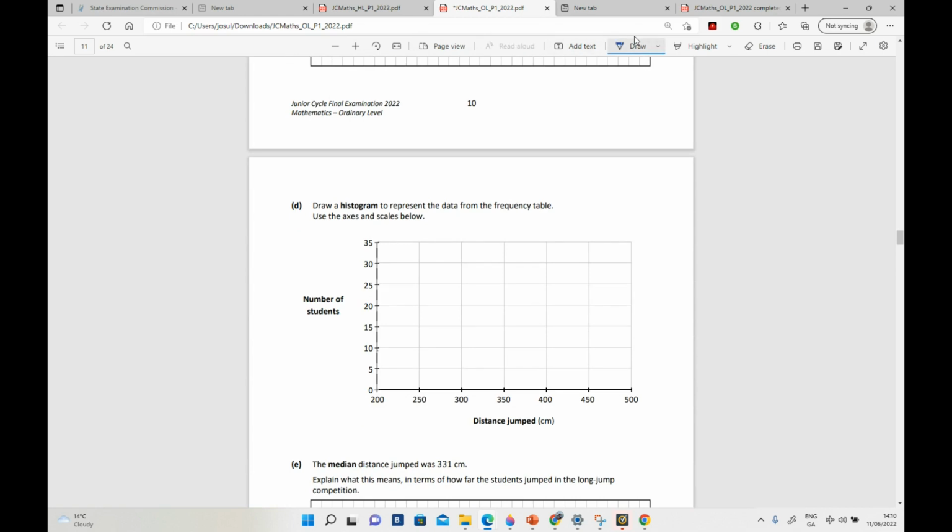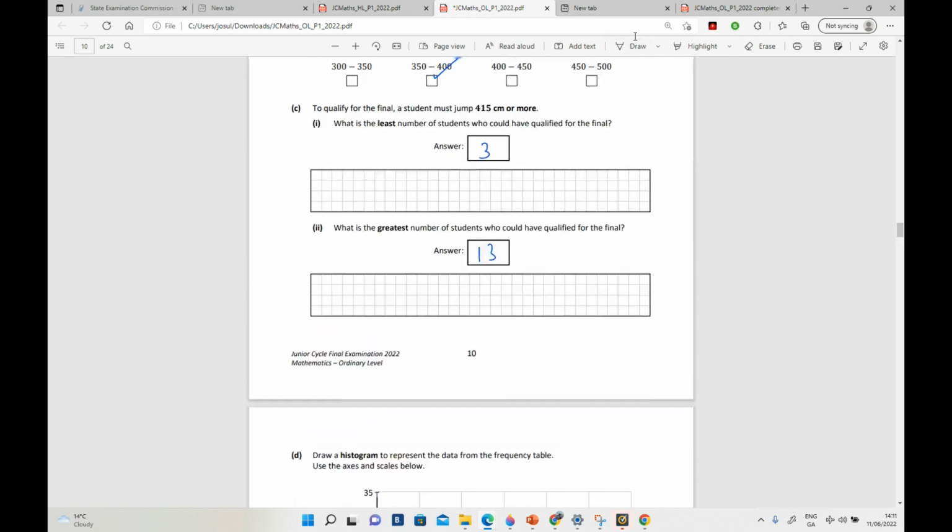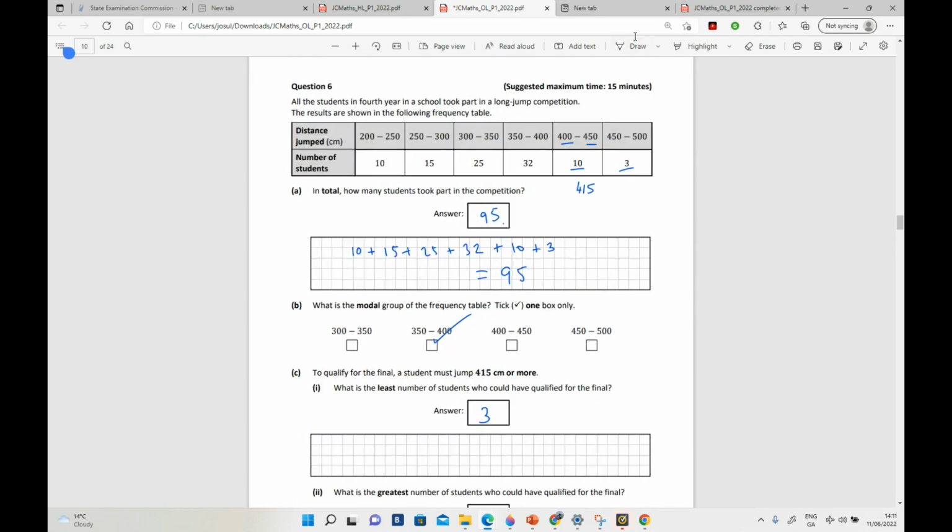This is 10. The second one is 15. The third one is 25. Okay, just go back and get the other figures. The next one is 32. So 32, 10, and 30.